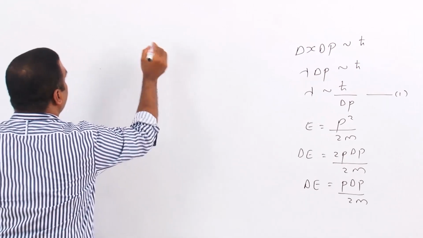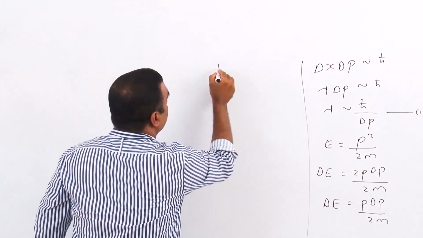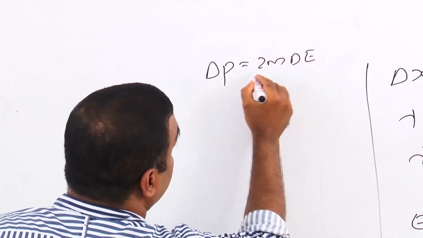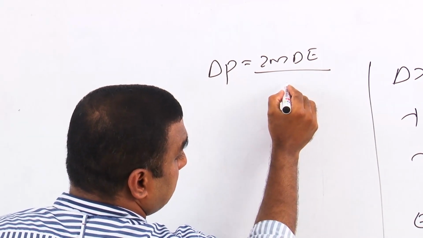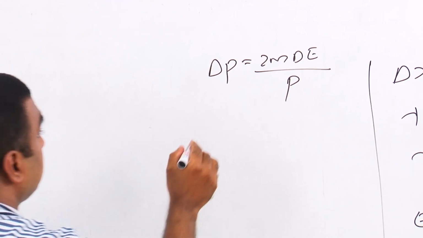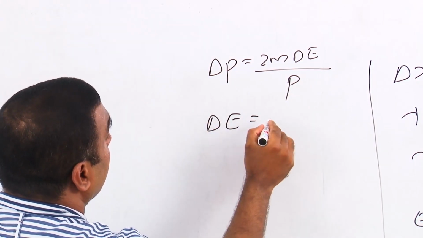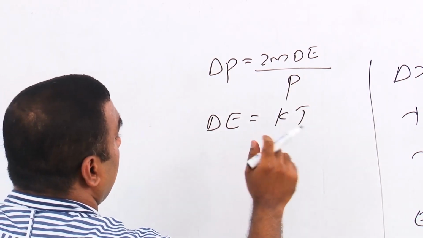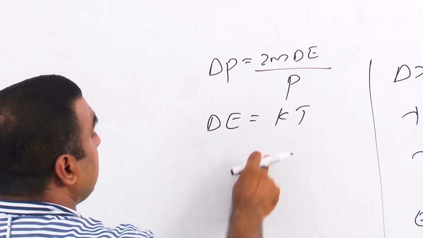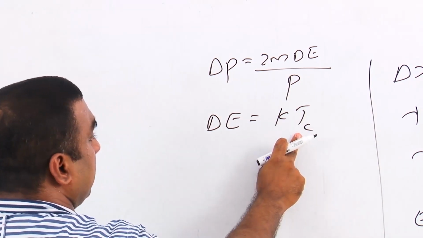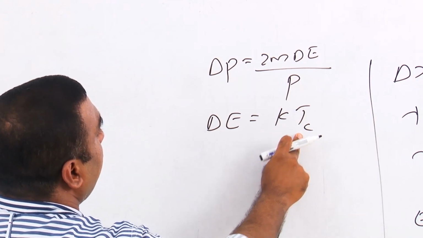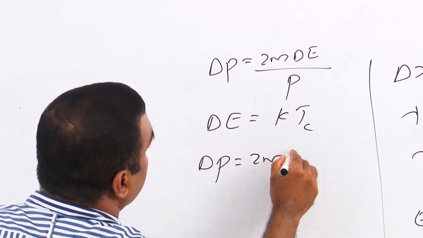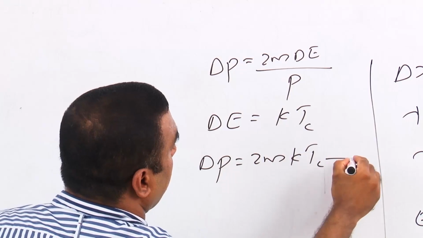Or delta p is equal to m delta E divided by p, and we know delta E is equal to kT from thermodynamics, where T is absolute temperature, and in this case we can write Tc, which is the superconducting transition temperature or critical temperature. If I substitute for delta E here, we get delta p is equal to square root of 2m kTc. Let that be relation number 2.